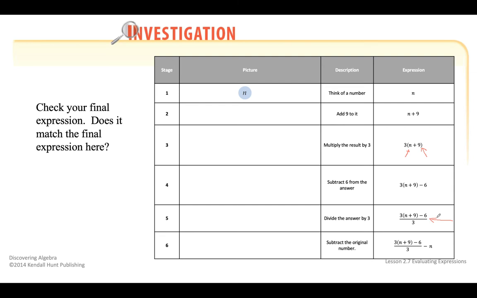That is another grouping symbol, right? It says you have to do everything on top before you divide by 3. So that fraction bar acts as a grouping symbol. And then notice down here, because of that fraction bar, I have to do all of this in the expression before I can subtract n.